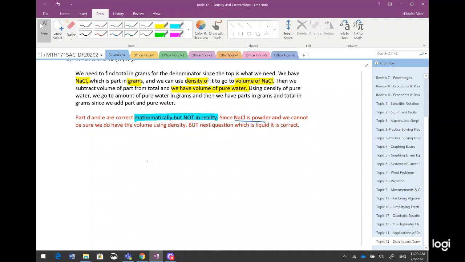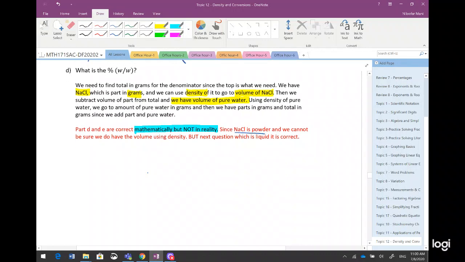Okay? So based on my knowledge from before when I was a student, mathematically part D, which is now here, and part E, which is after, they are correct. Yes, I can do them. But in reality, no, because I have NaCl as powder. So when I change it to volume using density, I cannot be sure that's exactly the volume that I have from NaCl because it's powder.